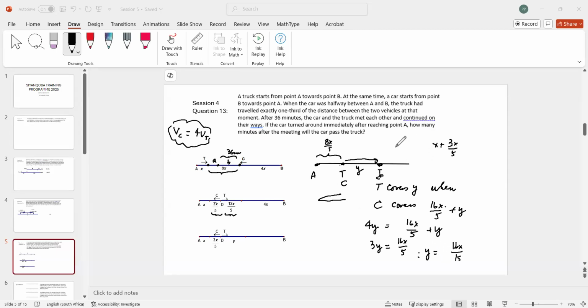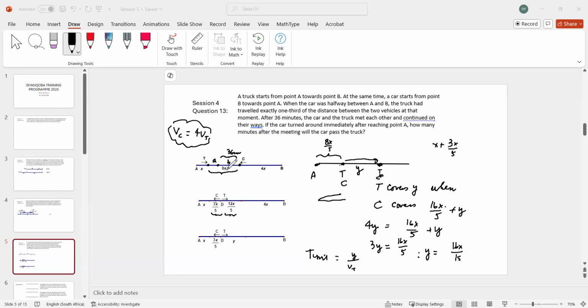Now they want to know after how many minutes will this happen, right? So the time taken will be the distance that the truck travels over its speed, Vt, right?